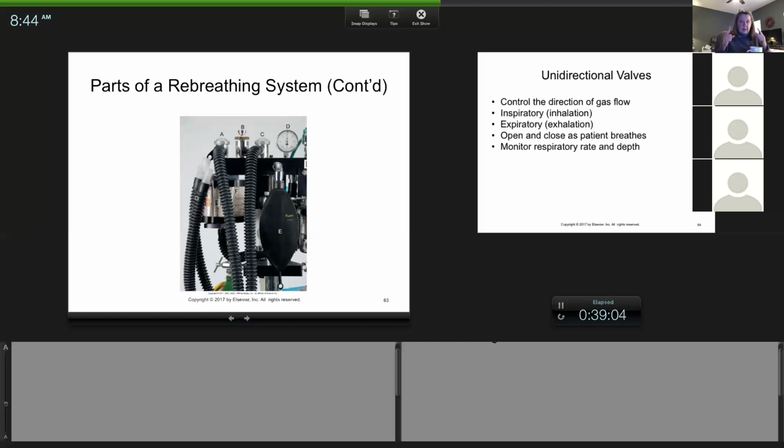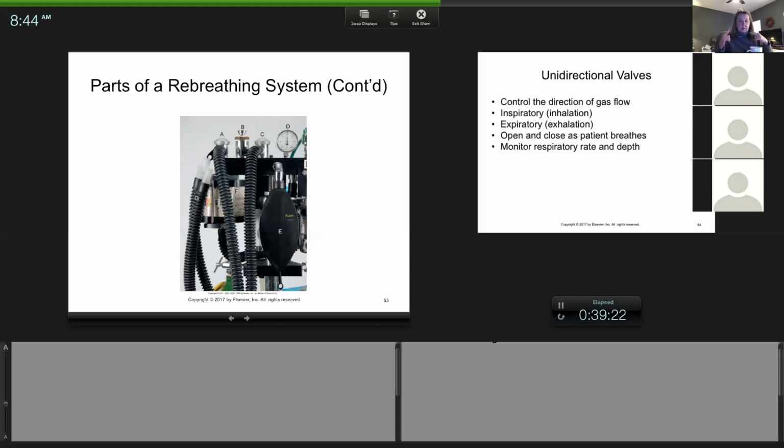Sometimes the first thing I hear is the unidirectional valves moving rapidly. Some of the machines at school are in a plastic dome, so you don't hear them. But in some machines, there's a metal part in there and you can hear them move.